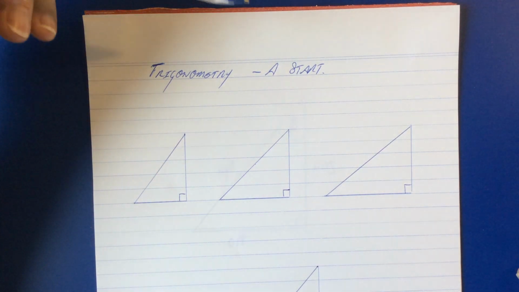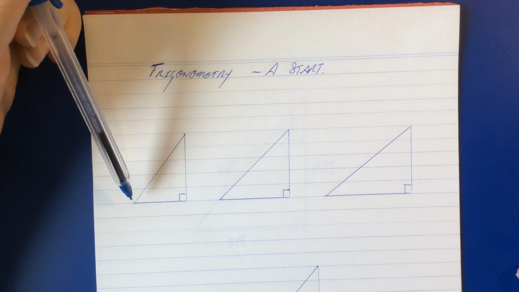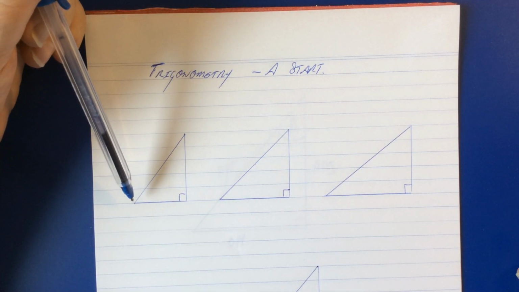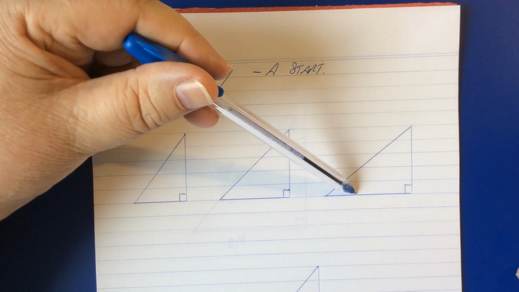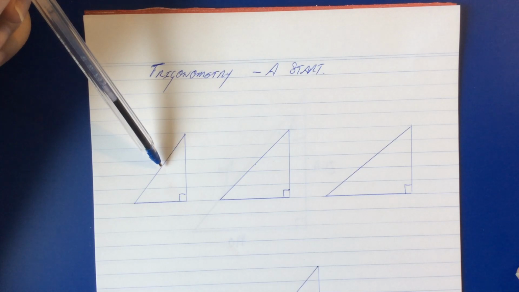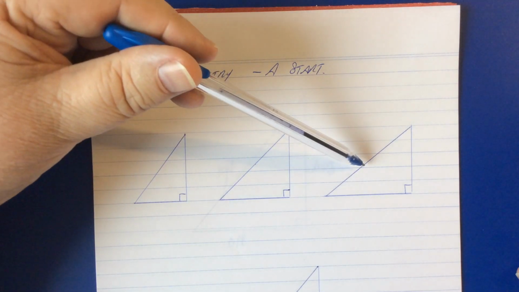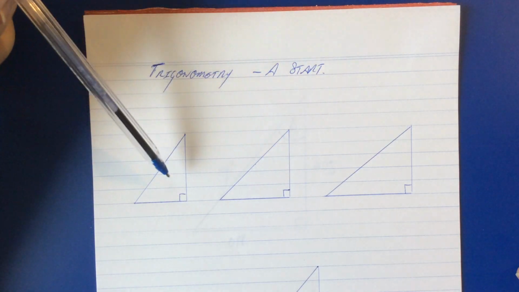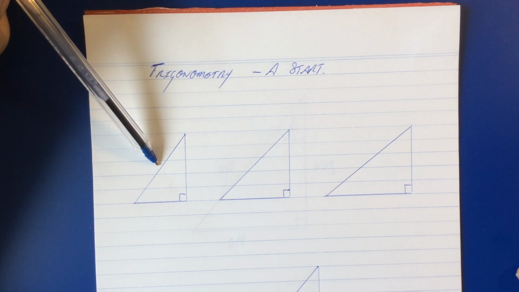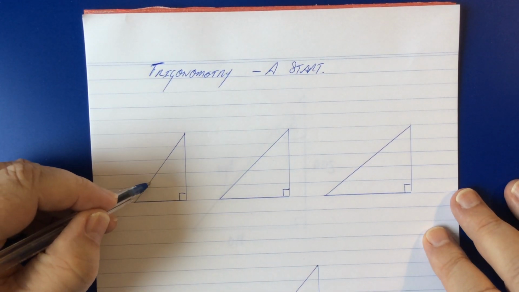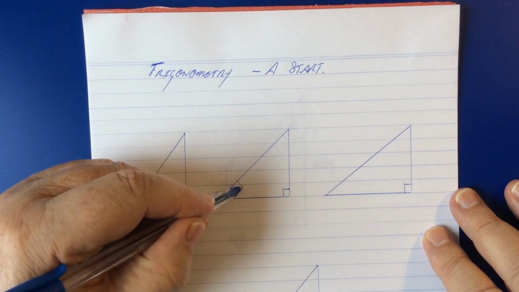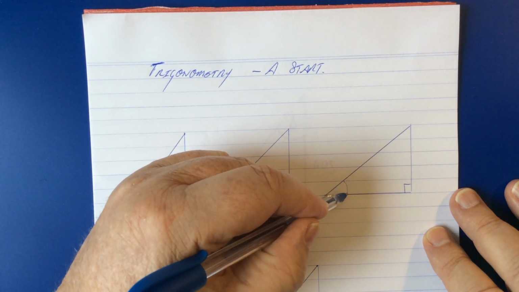And the differences between them are in the length of the bases, the length of this line here, which is called a hypotenuse, and the difference in these angles.